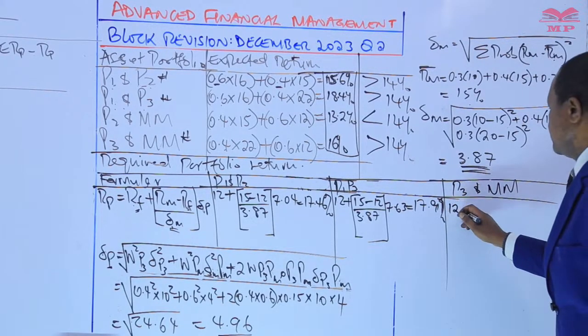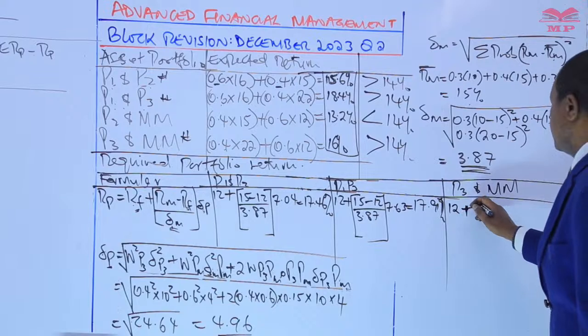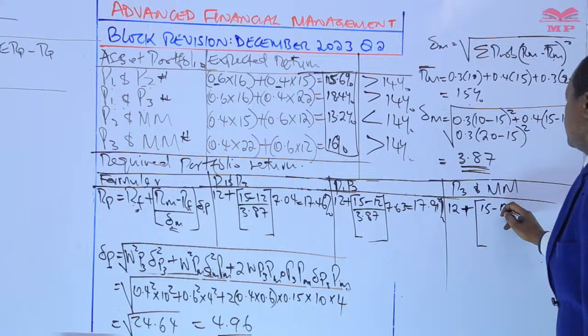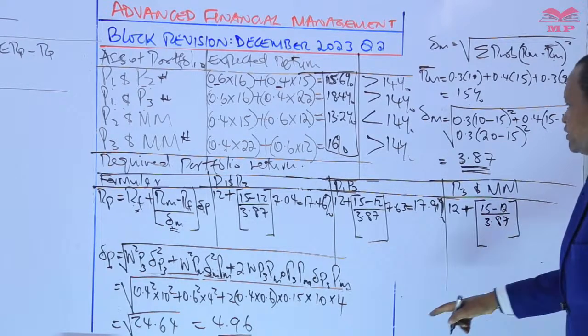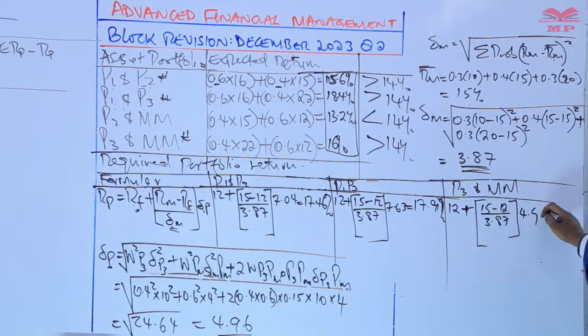12% risk-free rate plus 15 minus 12 over the market, 3.87 times 4.96.